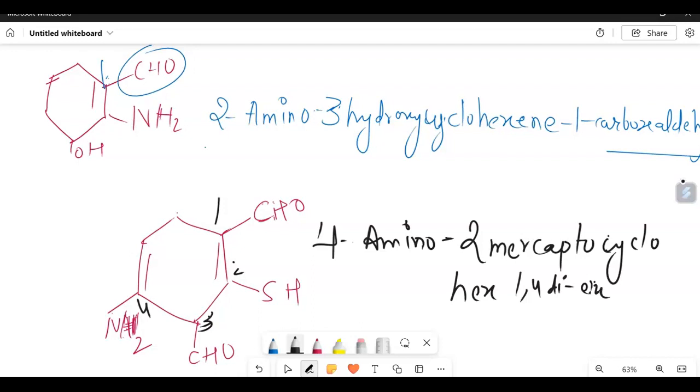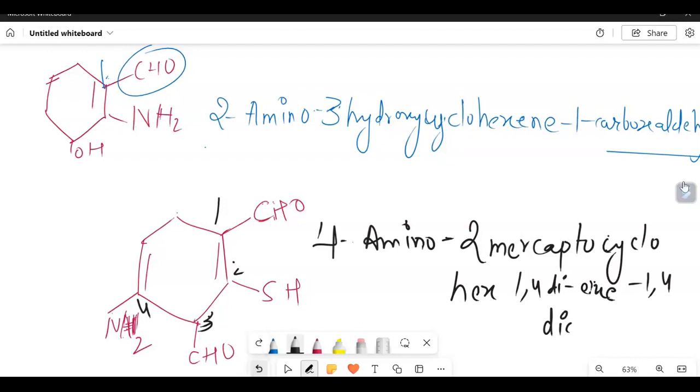Then 1,4-diene. And there are two 1,4-diene and 1,4-dicarboxaldehyde. Dicarboxaldehyde. Or 1,3 we should name it. This is a 3, right?